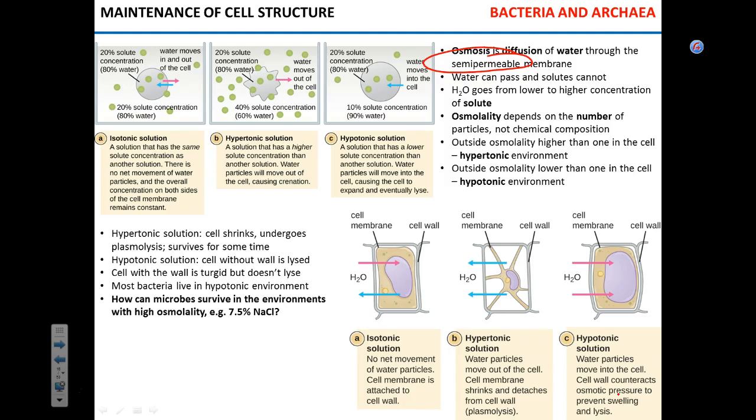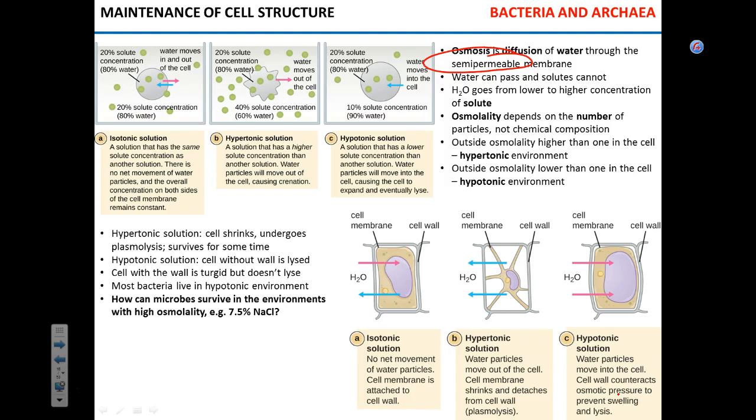We call water a solvent, right? So water wants to dissolve or dilute more concentrated solutions. Water always tries to get where the solution is more concentrated to equal out the concentration. Does that make sense?